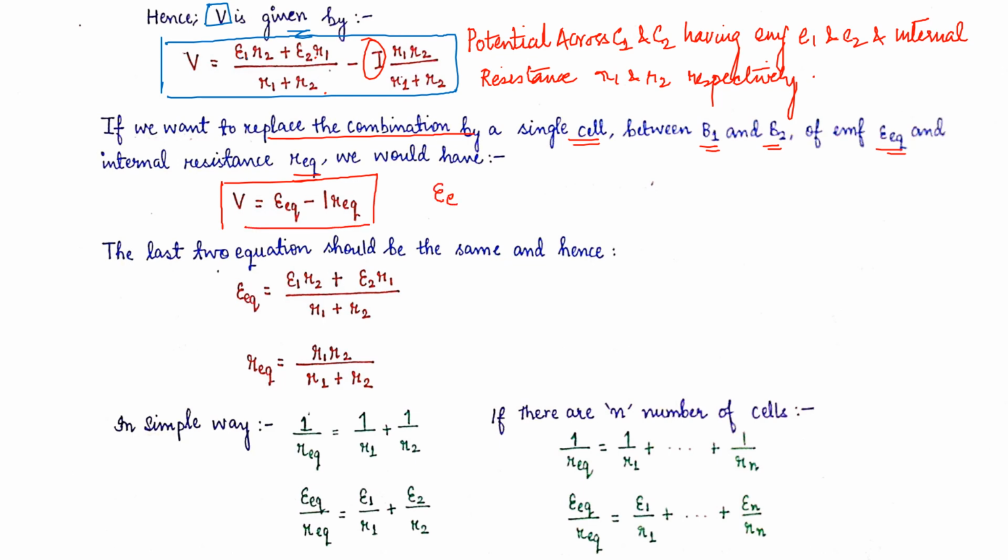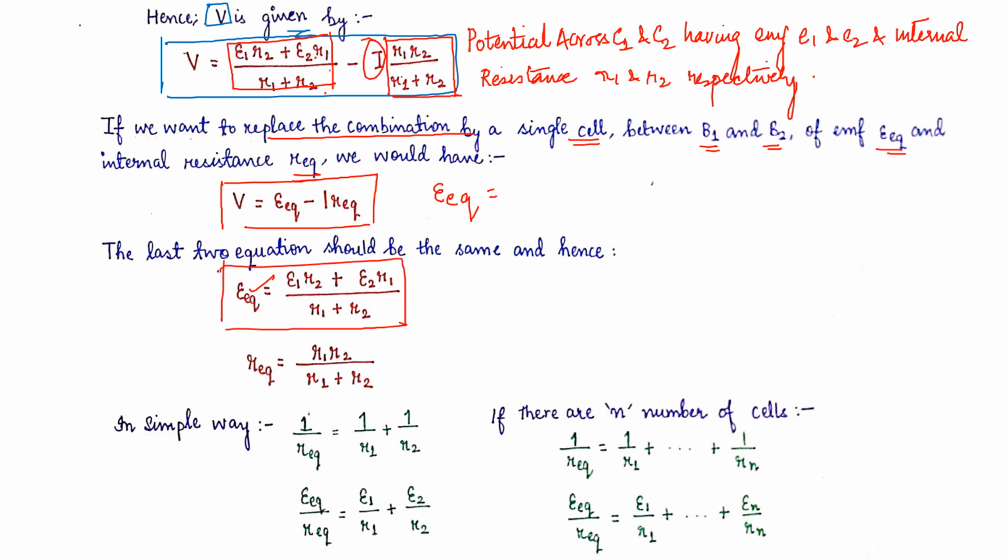So from here we get the first term as E equivalent and the second term as R equivalent. The E equivalent will be (E1 R2 plus E2 R1) divided by R1 plus R2.